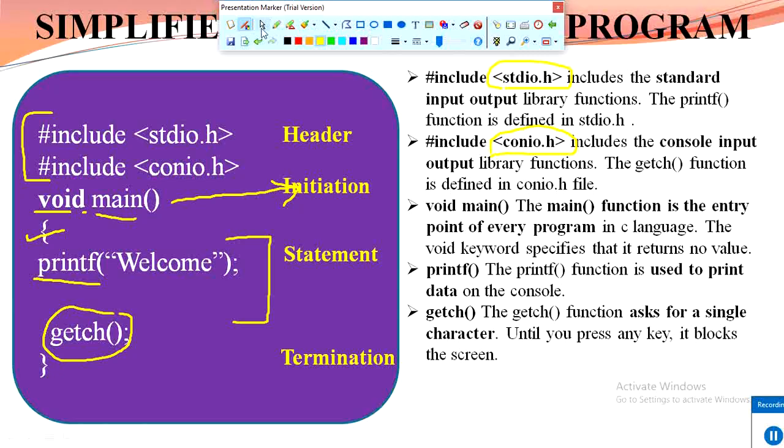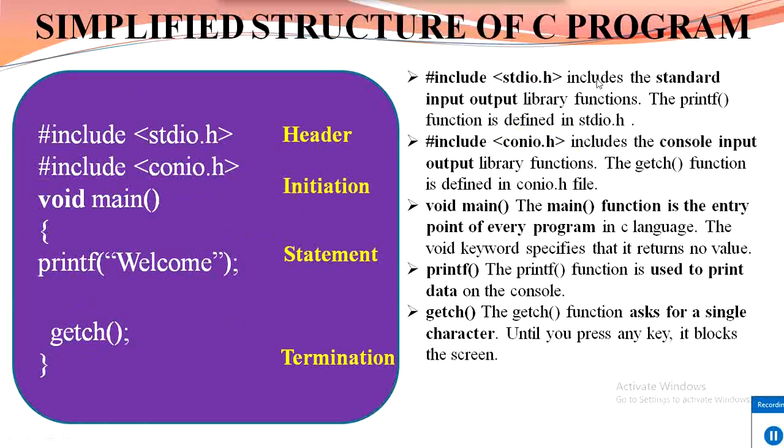Now the functions that we have used here, what is the role of these functions? Include stdio.h includes the standard input output library functions like the printf function. Include conio.h includes the console input output library functions like the getch function.